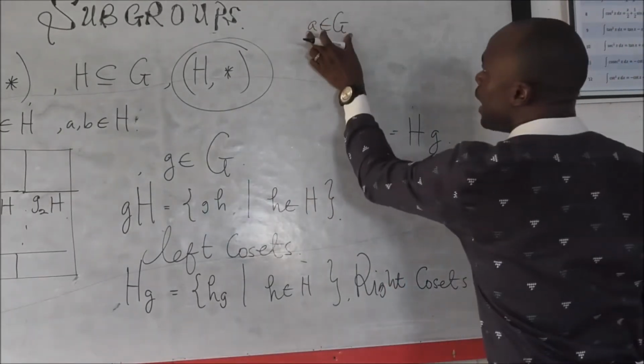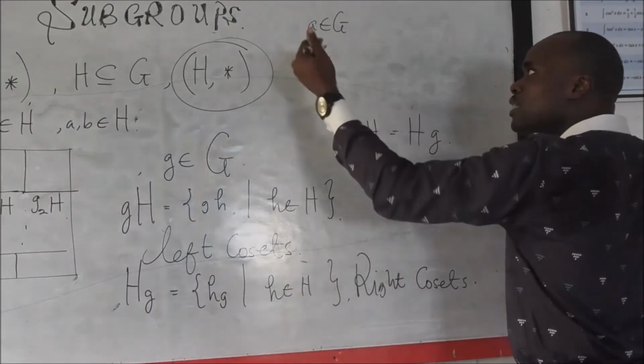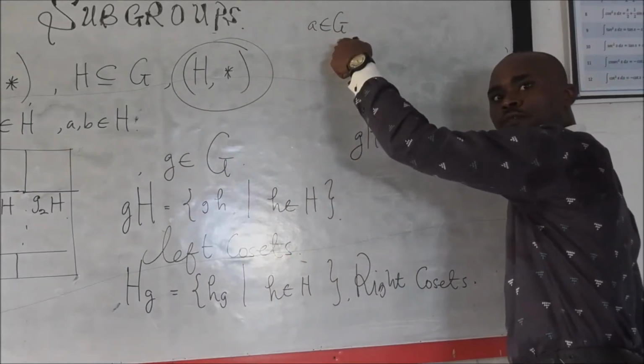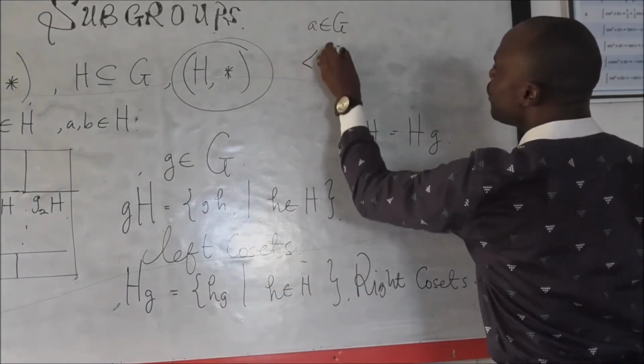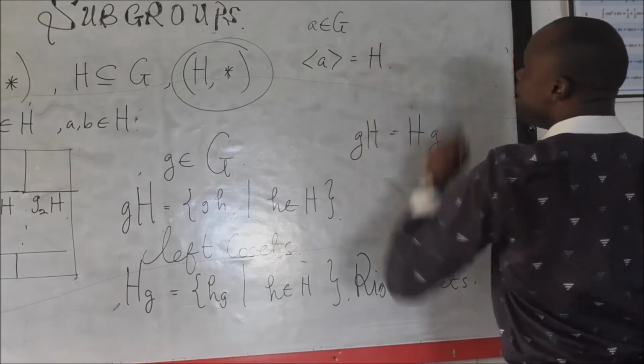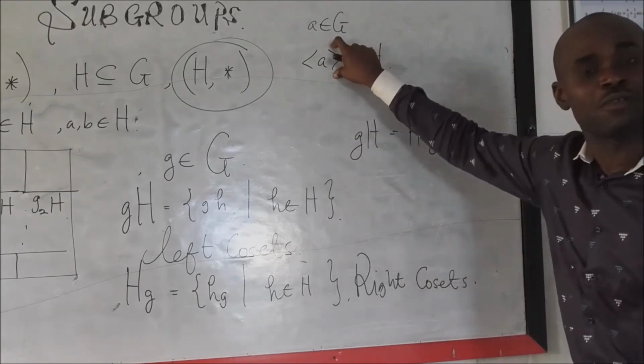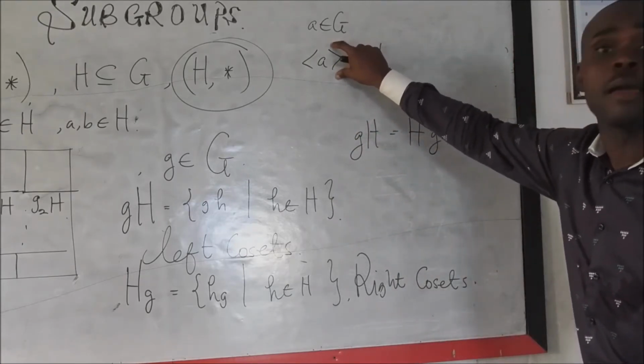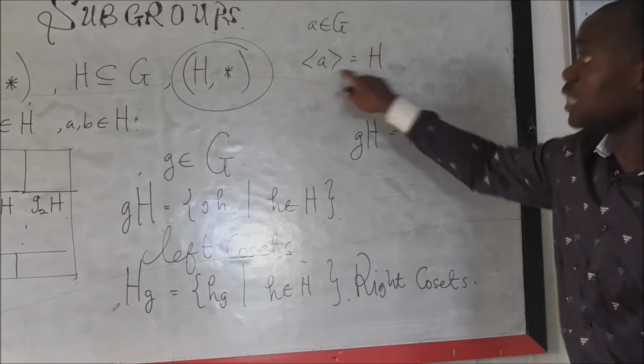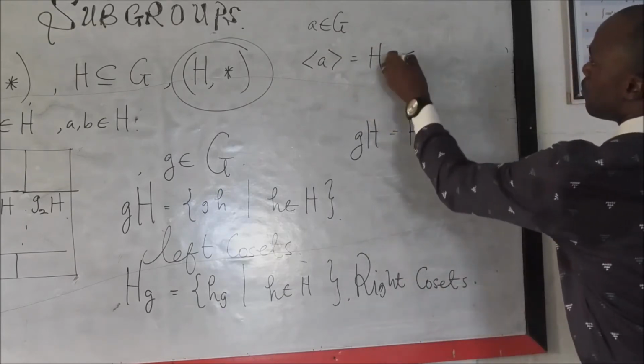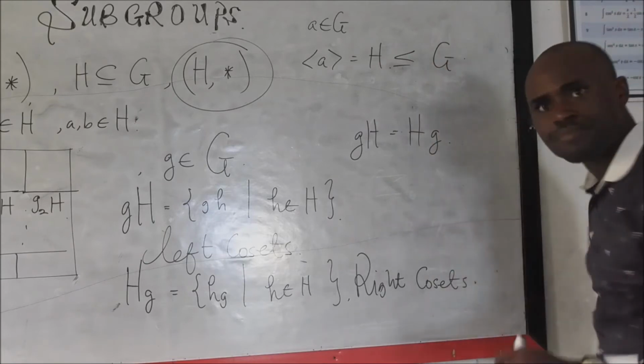So you can pick an element here and you can actually generate a subgroup from this. So it means that the set generated by the generator is actually a subgroup of G itself.